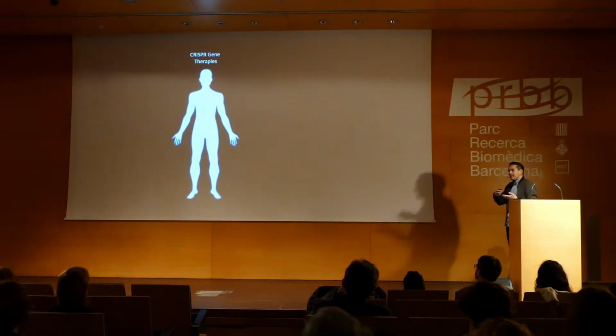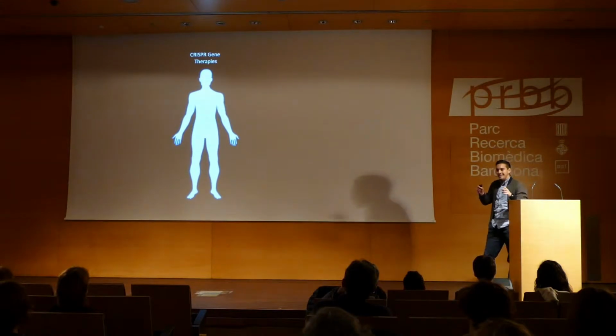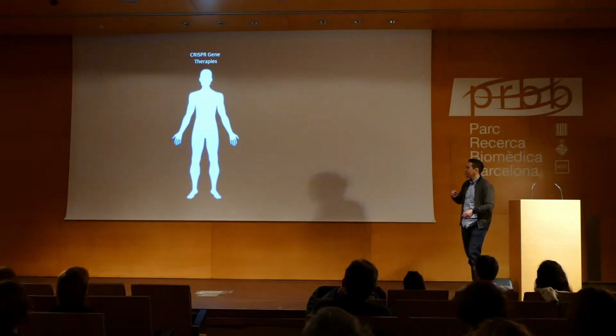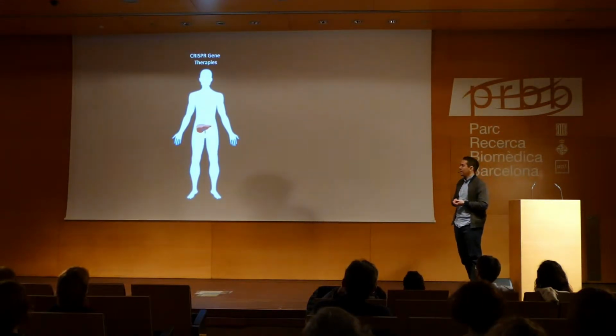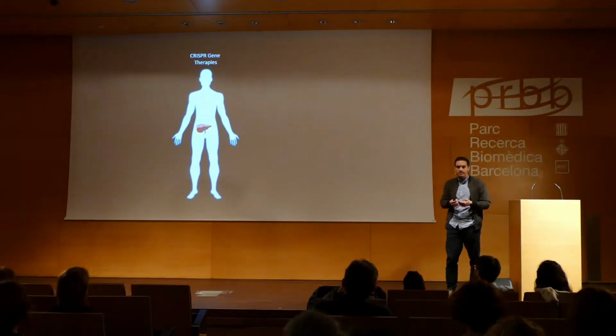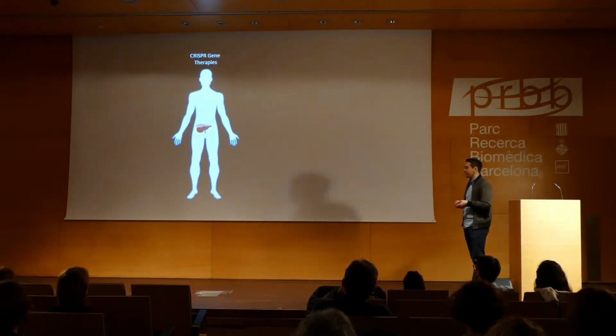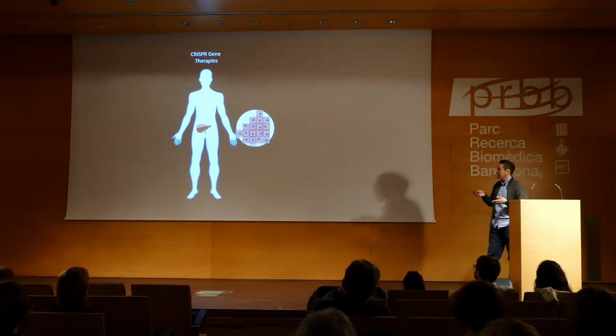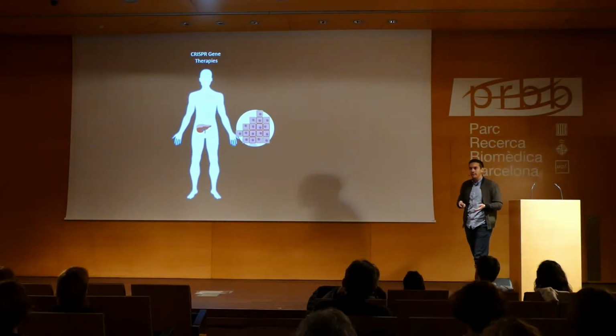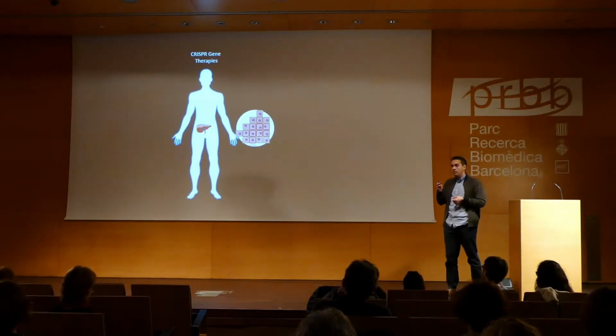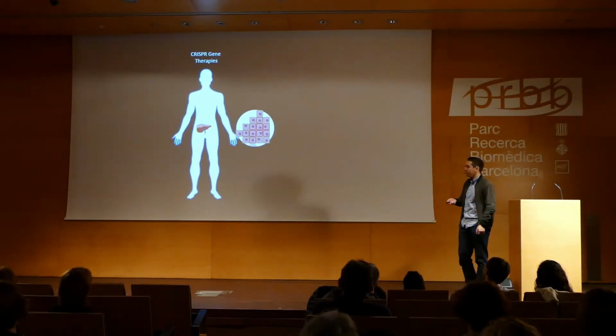And the way these therapies can work, just as a general overview, is you have a human that has a liver disease, some liver genetic disease, that has a subset of cells that are causing the problem. Usually it's not all of the cells in the liver, but just a certain type of cell. And so we want to get at those specific cells and see how we can treat them.